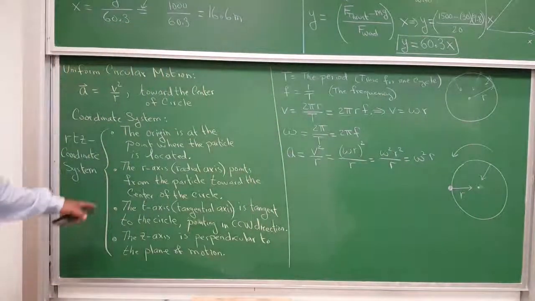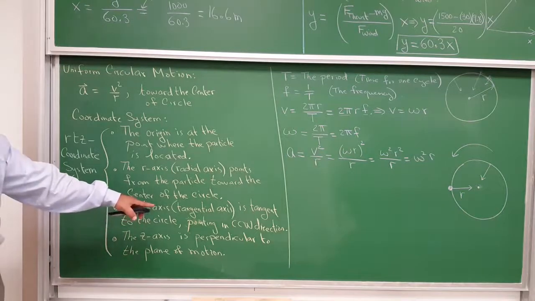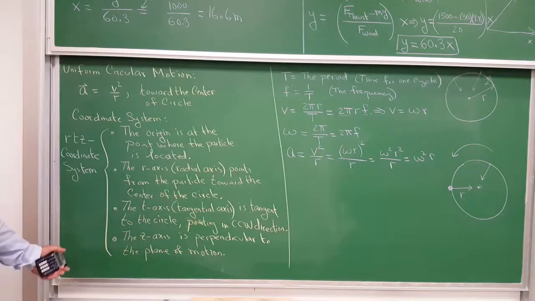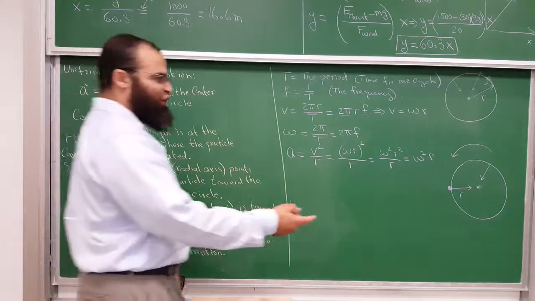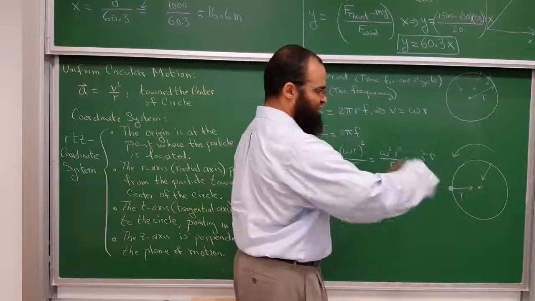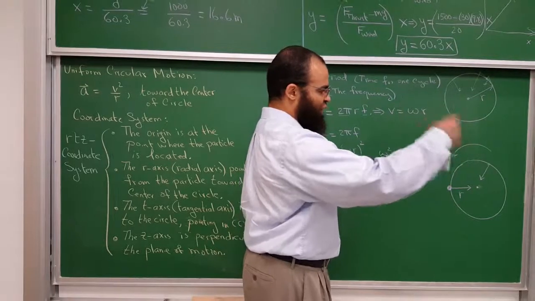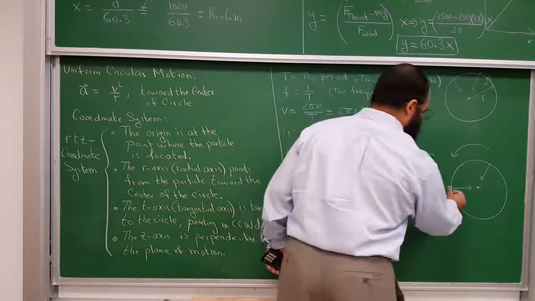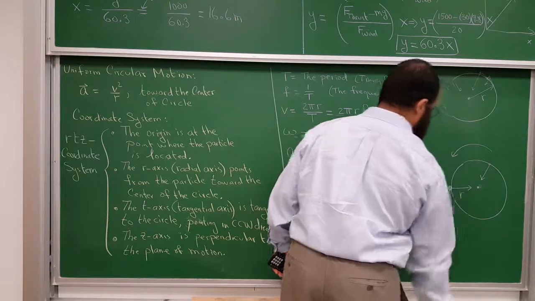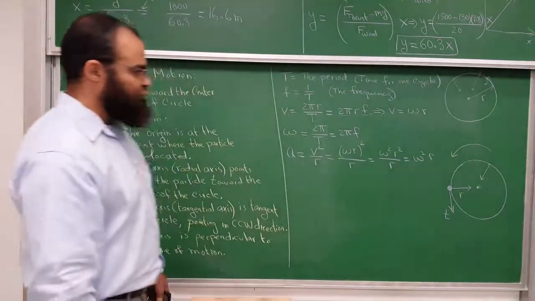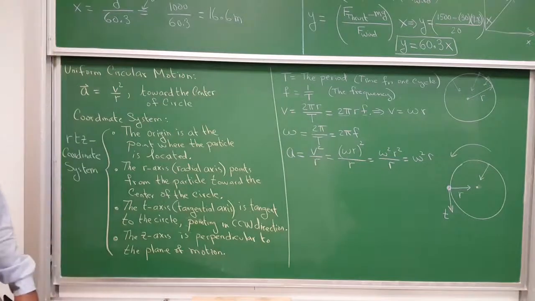Then we have the t-axis, the tangential axis. It's tangent to the circle and it points in the counterclockwise direction. So we have to have a positive sense for motion. We usually consider counterclockwise to be positive, clockwise to be negative. So we define our t-axis, positive t, to be in this direction.